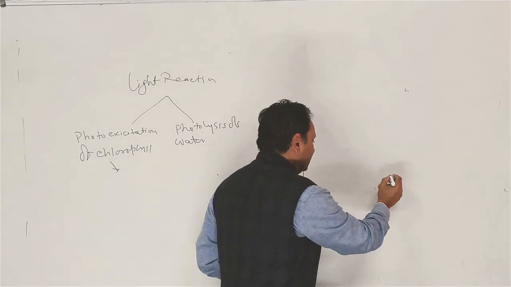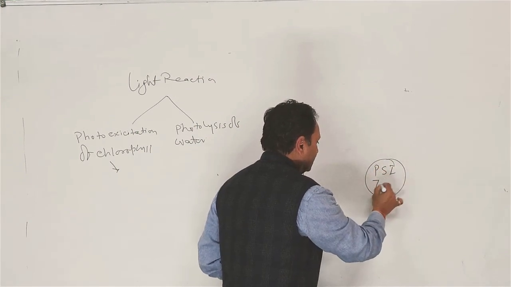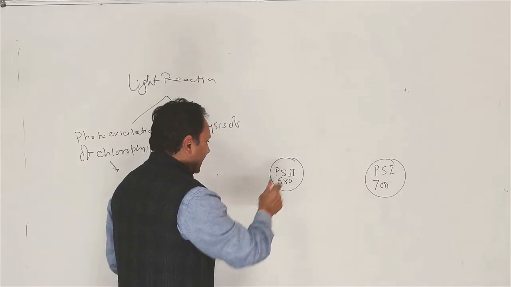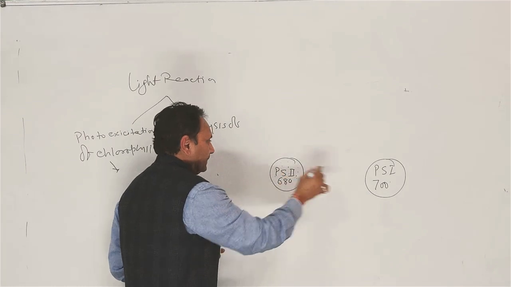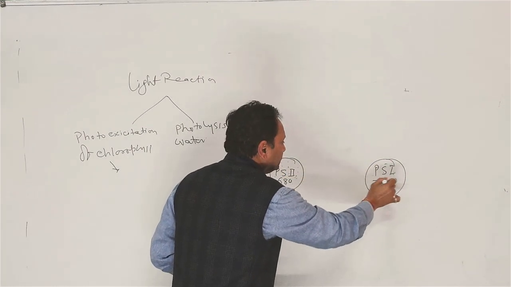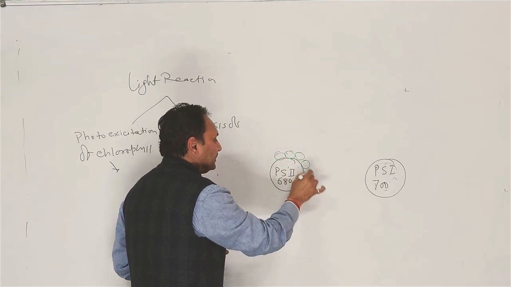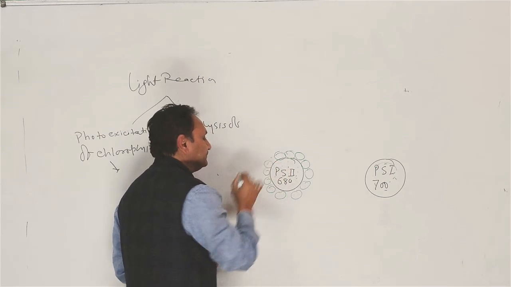And the second one is PS1, that is 700. In this reaction center, chlorophyll is present. As you know that in addition to chlorophyll, so many other pigments are also present, and these are called accessory pigments.